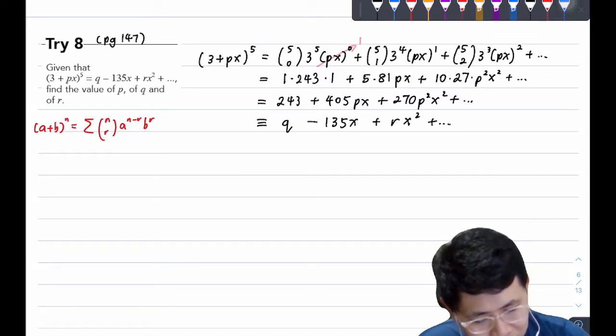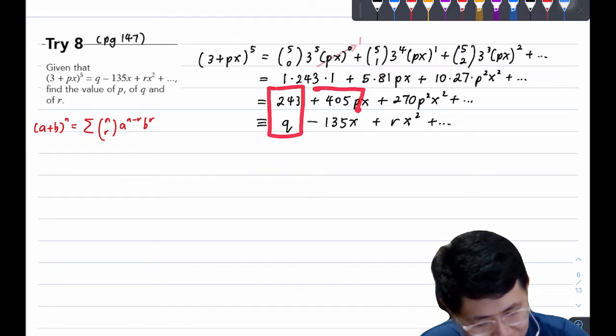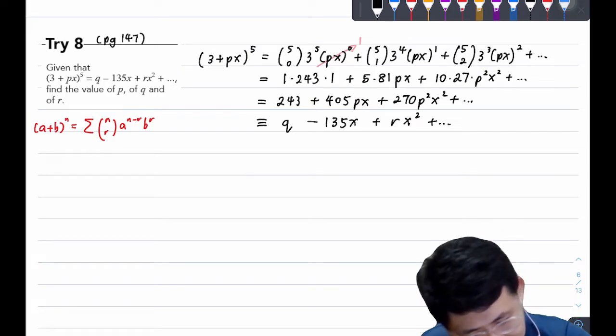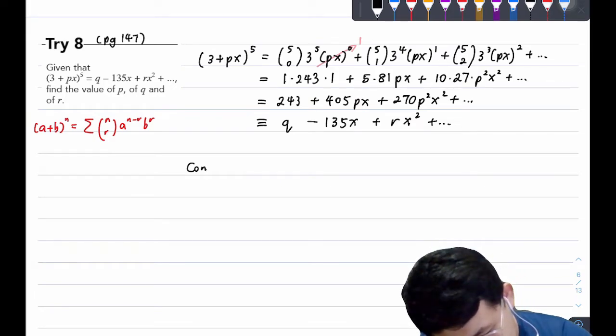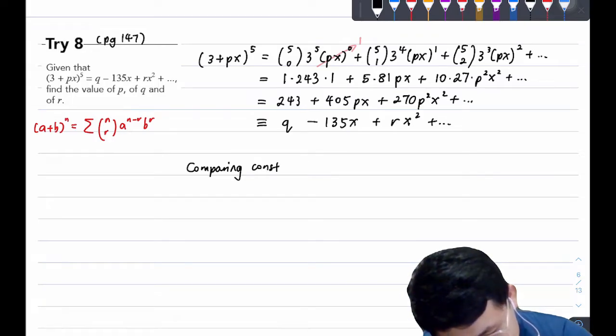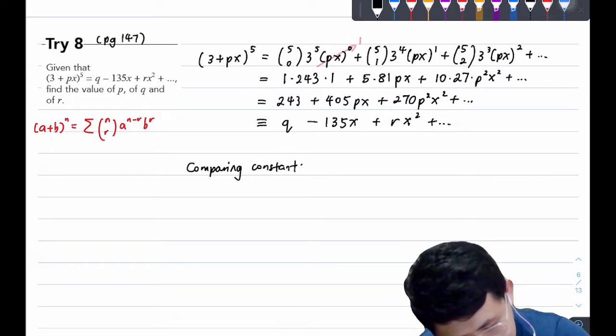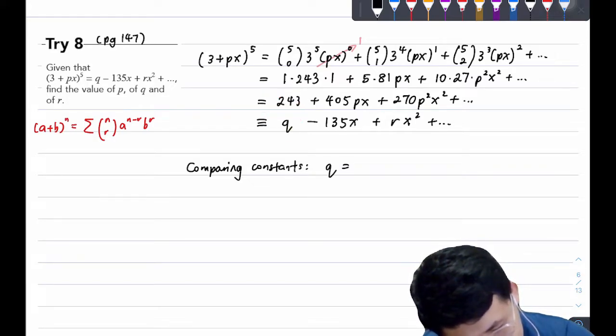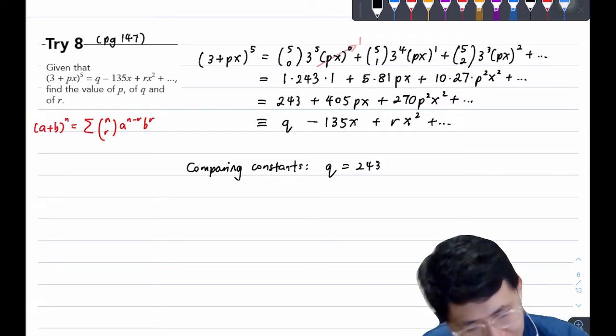Okay, so let us compare coefficients. The x term and the x square term. First one, comparing constants. So what is the constant term over here? The constant term is q and 243, correct? So q is equal to 243.